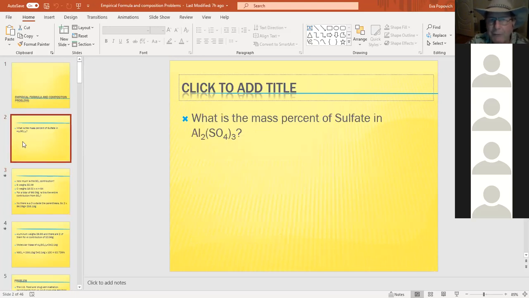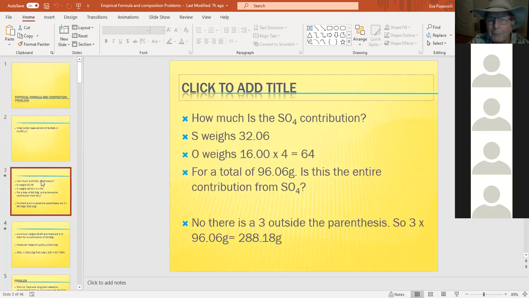Now, what's left in the molecule that's not sulfate? 2 aluminums. Do you know what aluminum weighs? No. 26.98. 27's good.